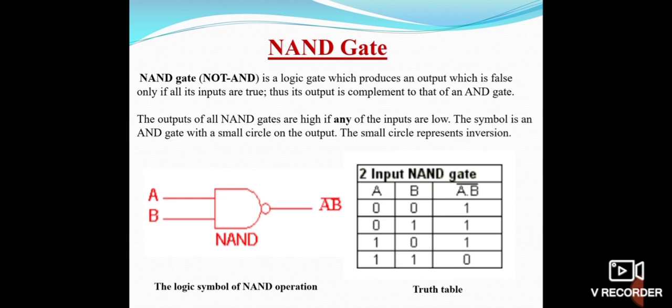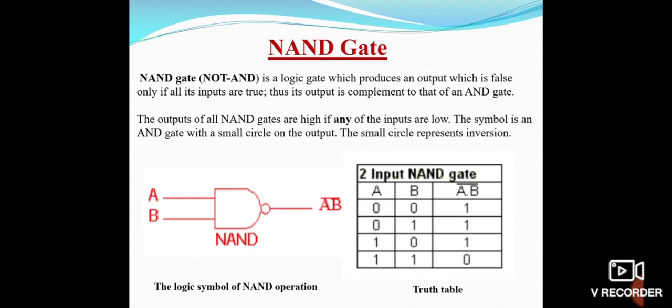So in the case of a NAND gate, the output will be low only if both the inputs are high. For other inputs, that is, if any of the inputs is low, you will get a high output for a NAND gate.